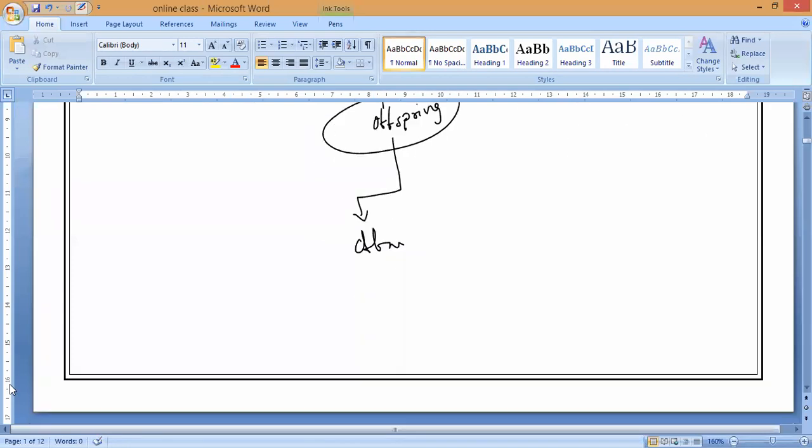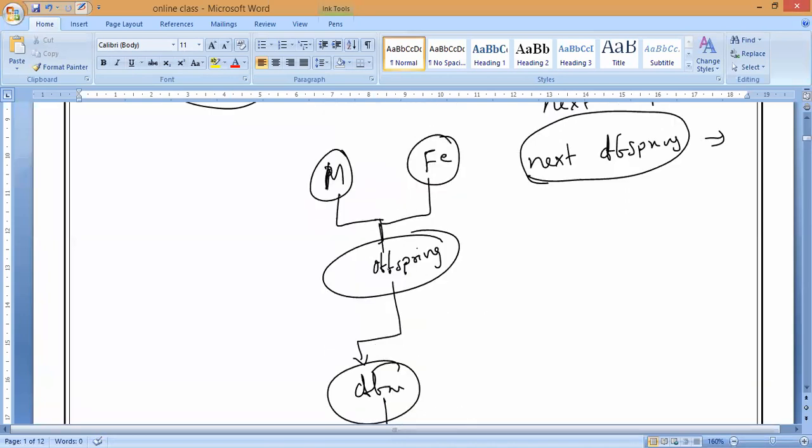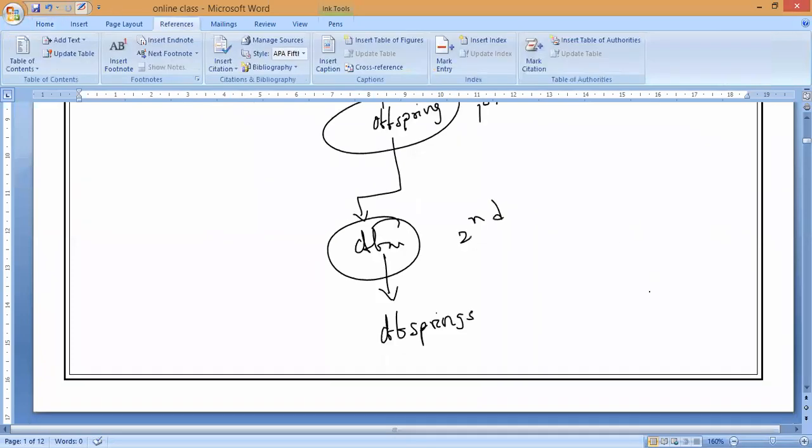Again, these offsprings involve in the next sexual reproduction and produce the next offsprings. So totally how many generations here? This is the first generation which is produced, this is the second generation, and this is the third generation. So like this.